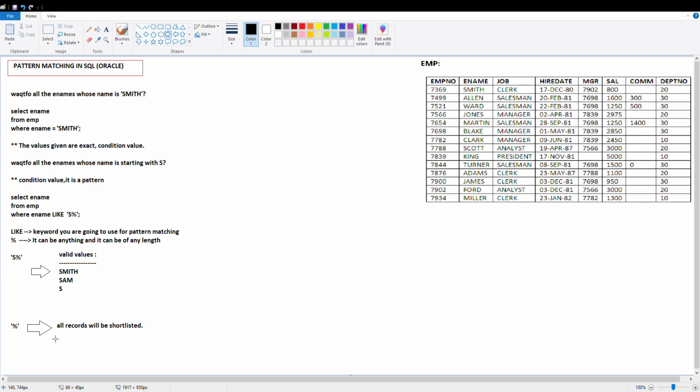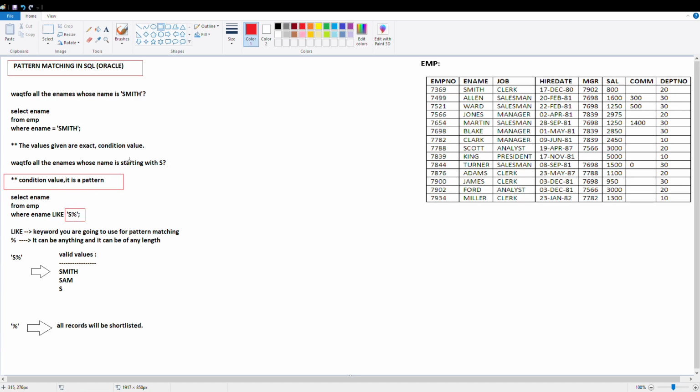Did you understand this part? So I've shown you the importance of like. Whenever the condition value is a pattern, you have to use the like operator. So this is one example for that.